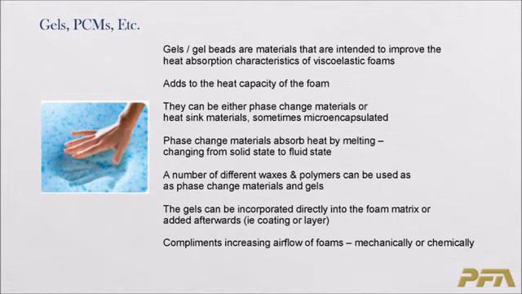Then, after sleeping on it, it will change back from the liquid to the solid, ready to start that cycle over again. Nowadays, almost all visco foams you see have memory gel beads and phase change materials. They can be incorporated through the whole foam or put on as a layer on top. There's a whole variety of different classes of these gel beads.